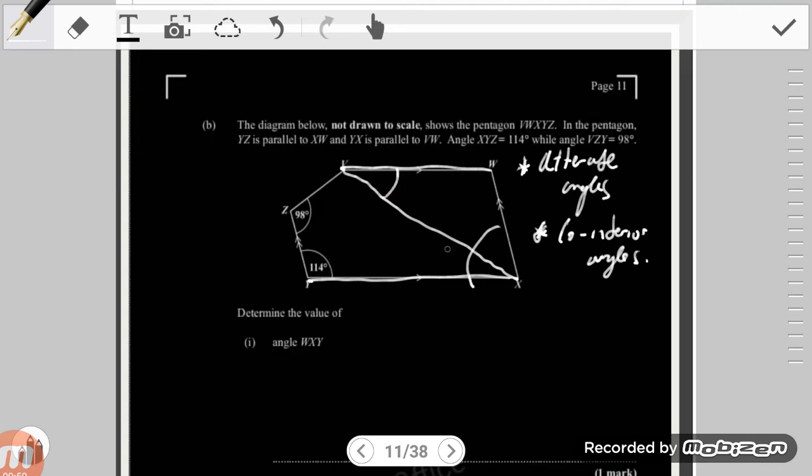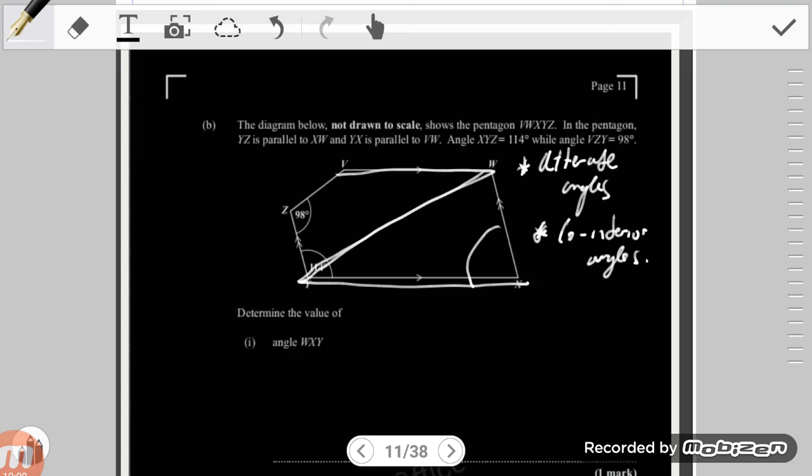This angle would be equal to a part of the angle that I want, and I don't have enough information here. Let's try another Z this way. Again, this angle over here will be equal to that angle, but that's not going to help me in any way. So even with those parallel lines, the alternate angles are not helping me.